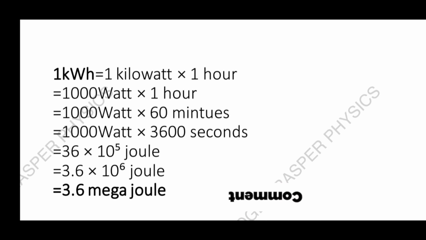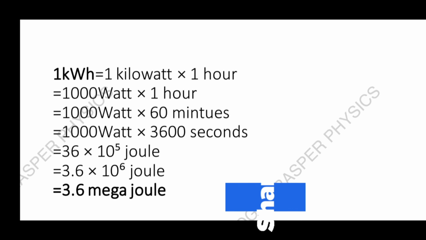Watt seconds will be joules, because power into time is work. So 36 into 10 to the power of 5 watt second will be 36 into 10 to the power of 5 joules. We can also write it as 3.6 into 10 to the power of 6 joules or 3.6 megajoules.